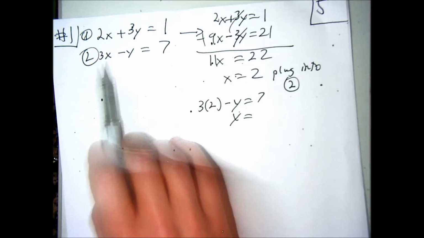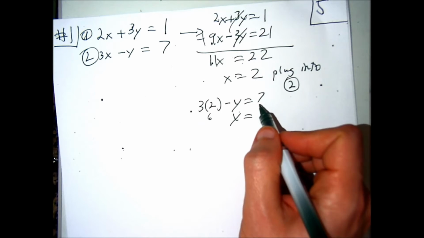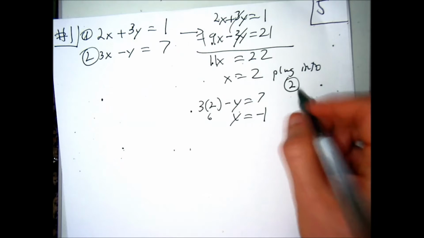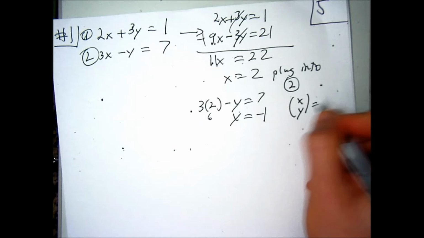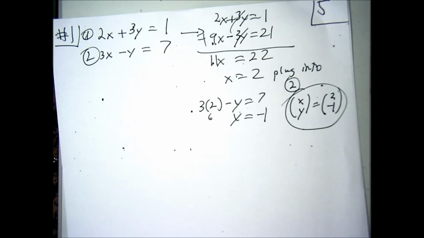I'm sorry, that's 6. So y is equal to -1. Jeez, I don't know why that was so difficult. All right, so (x, y) is equal to (2, -1). That's my answer right there.